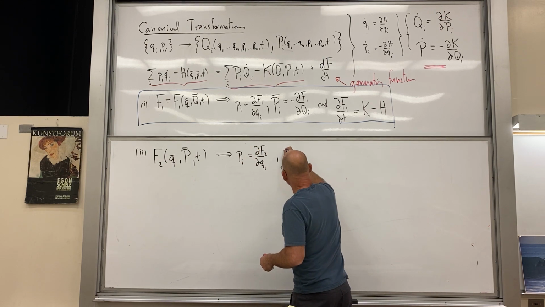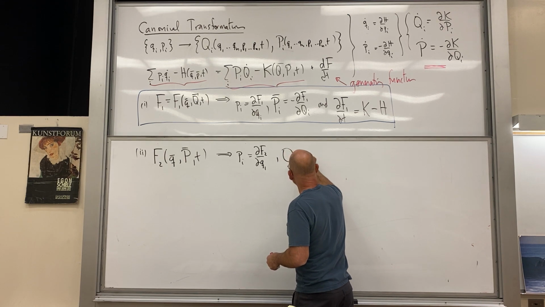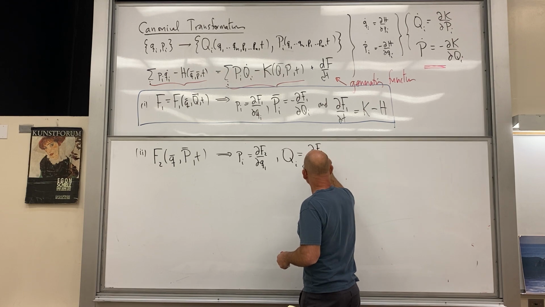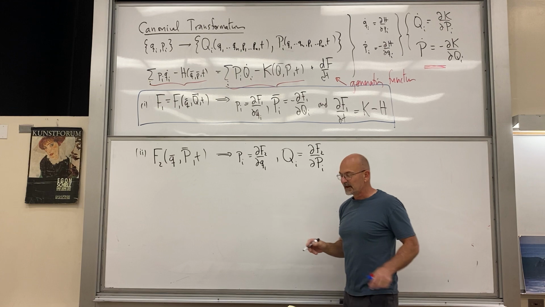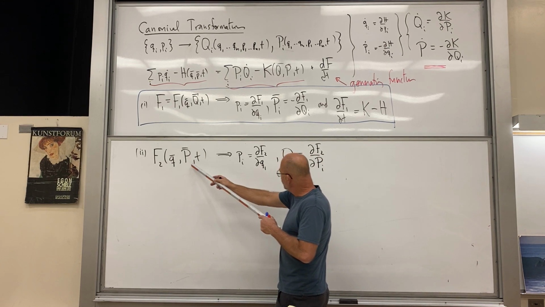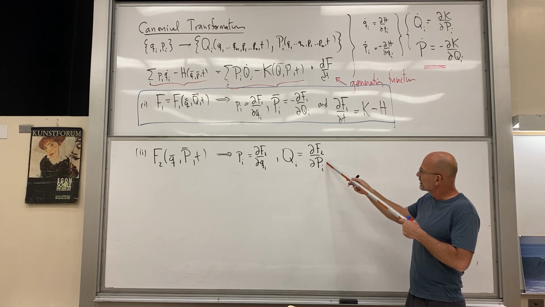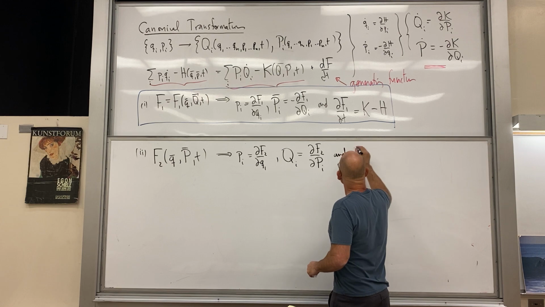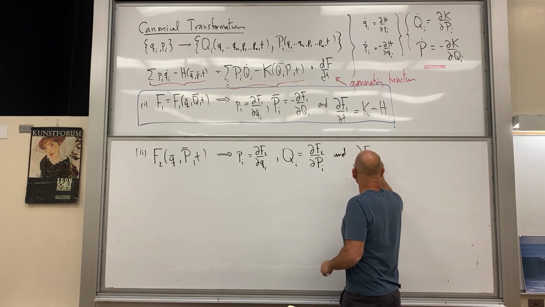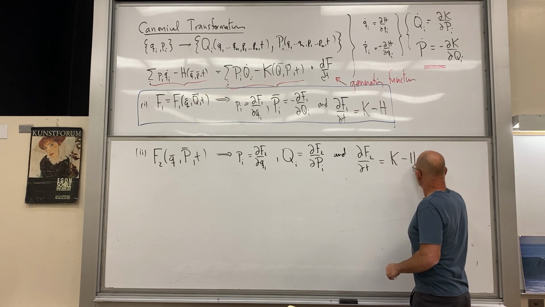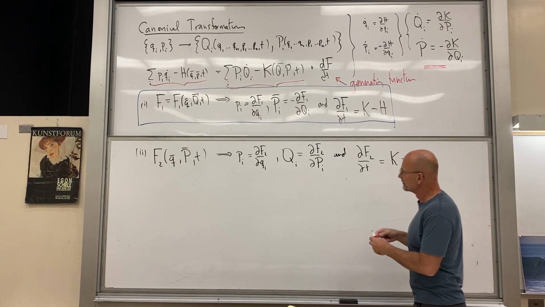And then we get this relation, Q sub i is equal to dF2 dP sub i. Okay. The F2 is a function of the old coordinates, the new momenta, and so that's uppercase, that's lowercase. And for all of these, we have dF2 dt equals K minus H.